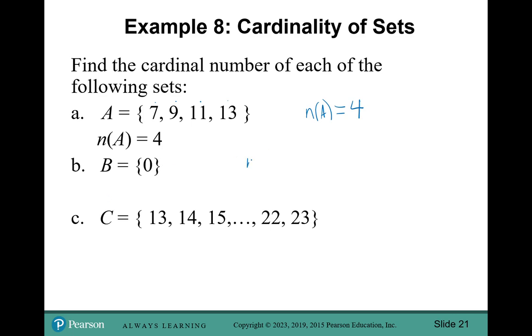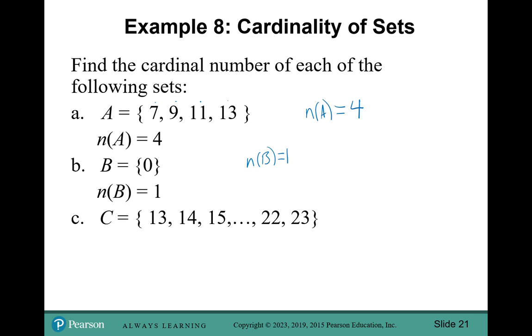So the cardinal number of B is 1, because it contains one thing, and that one thing is 0. Remember, 0 is not the empty set. 0 is something, and we have to count that something. So our one solution here is essentially what we're counting, and that solution is that 0, and that's why the cardinality of B is 1.